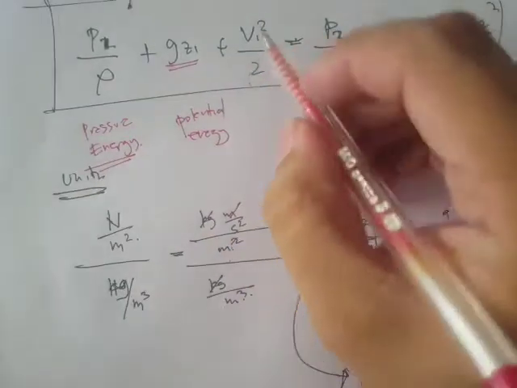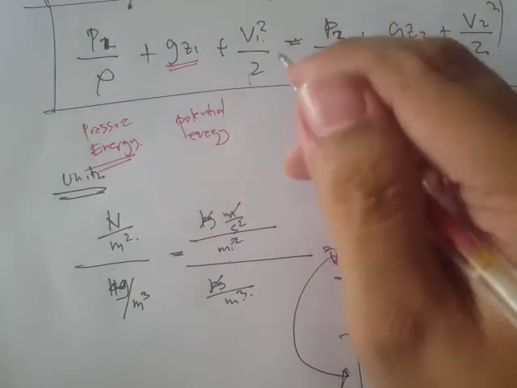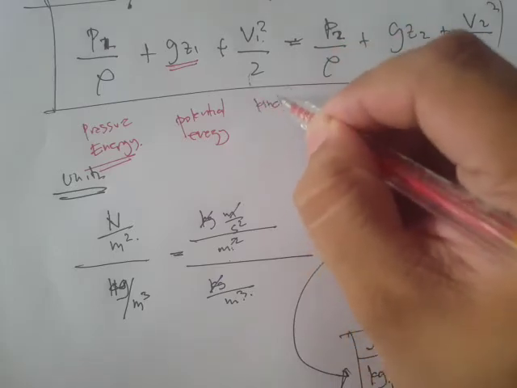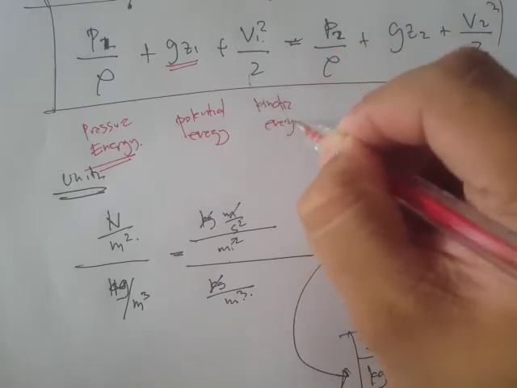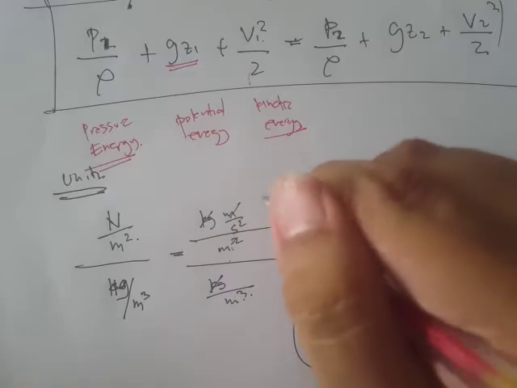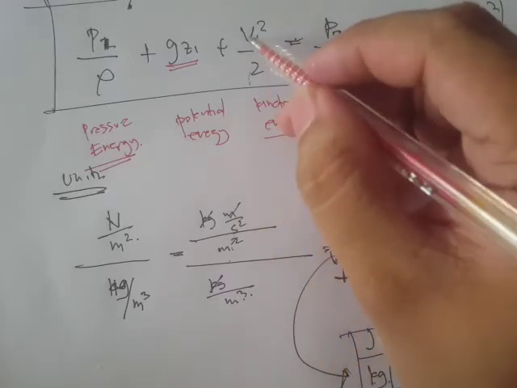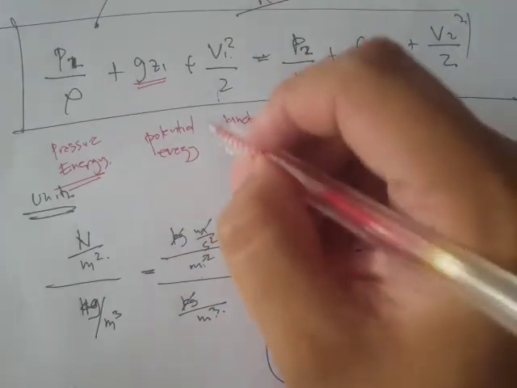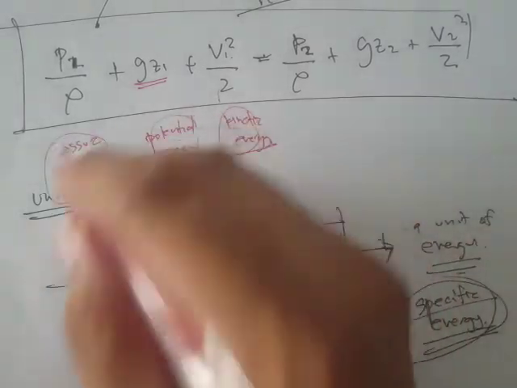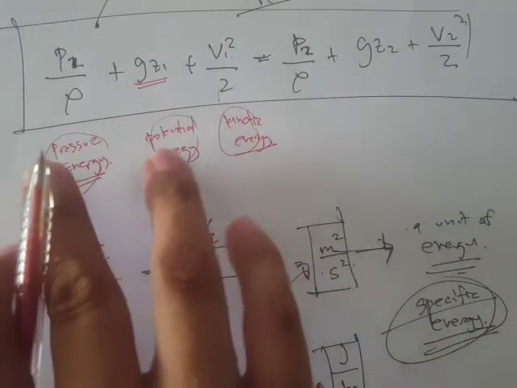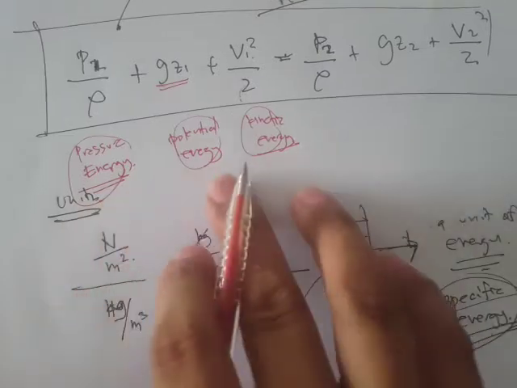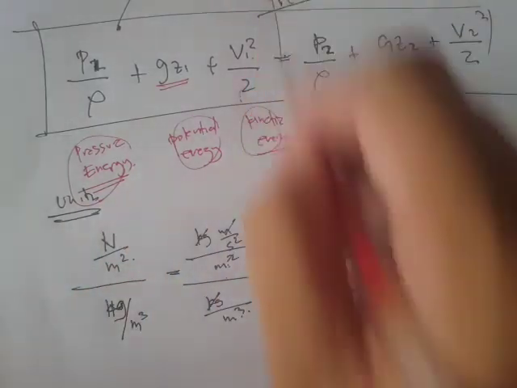And this one, the v squared all over 2, is related to the kinetic energy. That's actually the specific kinetic energy, because that's per unit mass.